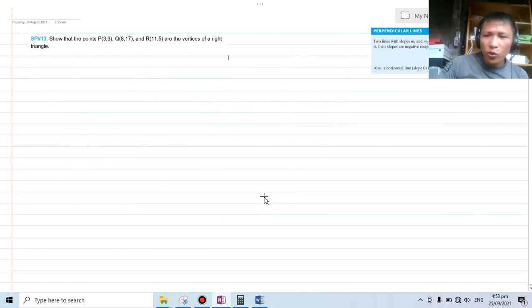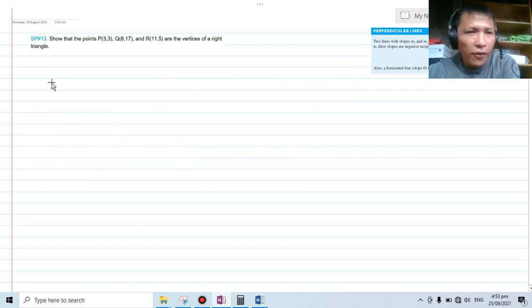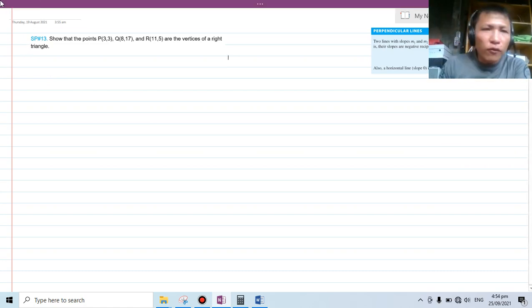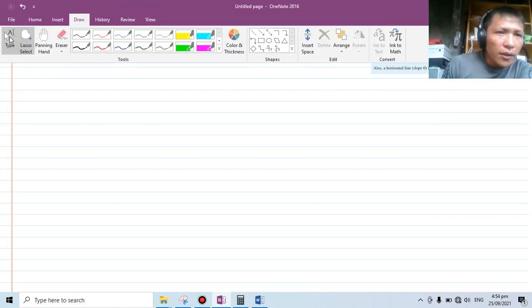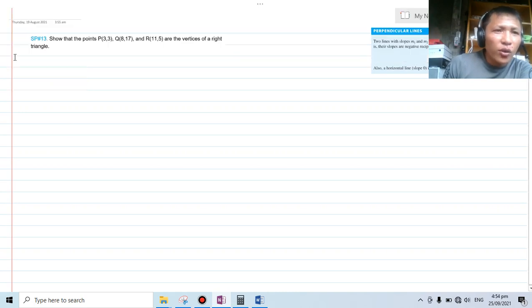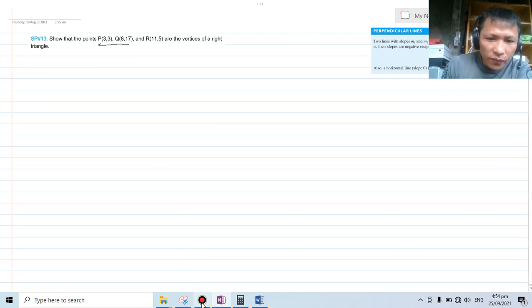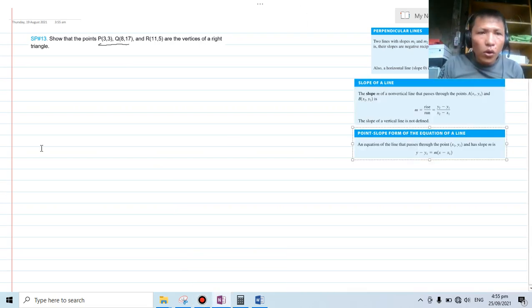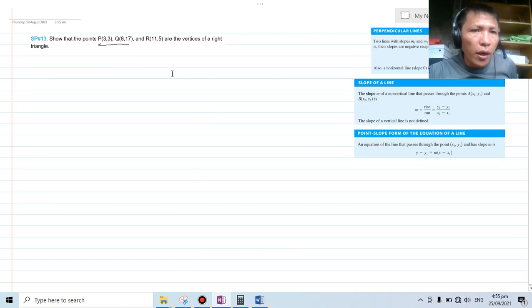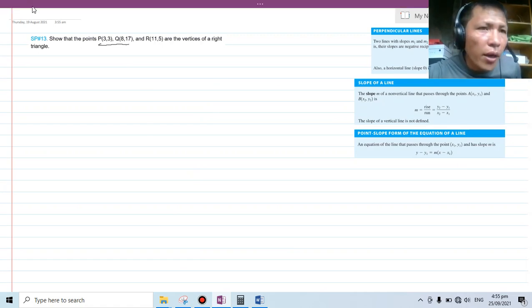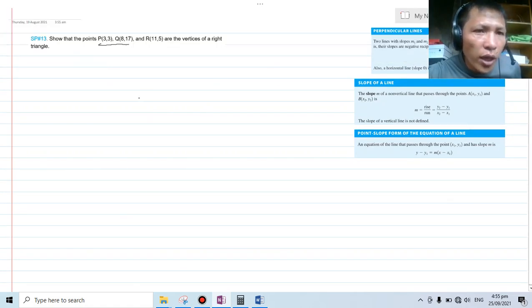So that's my first solution. I will use the distance formula. What I said is I'll be getting the equation, using the two-point form. I posted the equations so you can see the equations we are working on.